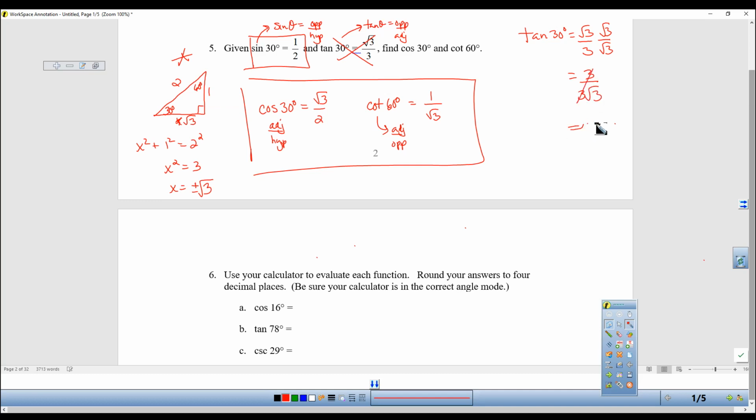Then the 3's cancel, and I get 1 over the square root of 3. Well, why didn't they just say so? If they had left it unrationalized, you actually would have known the third side without using the quadratic formula. You would have said, oh, tangent of 30 is opposite 1 over adjacent.